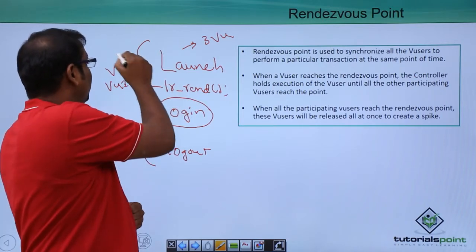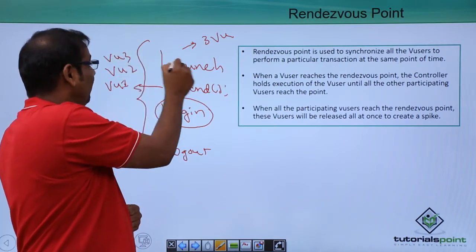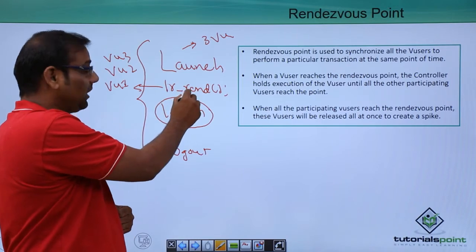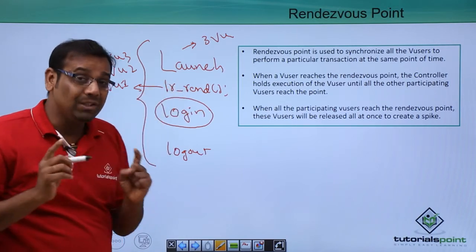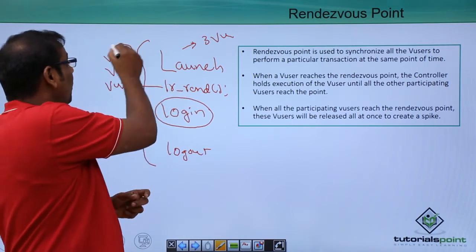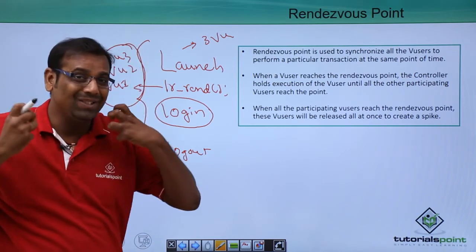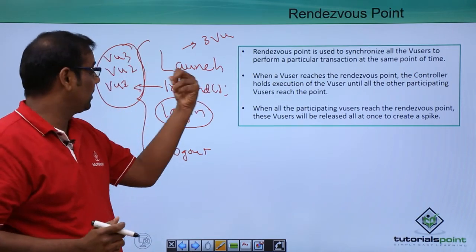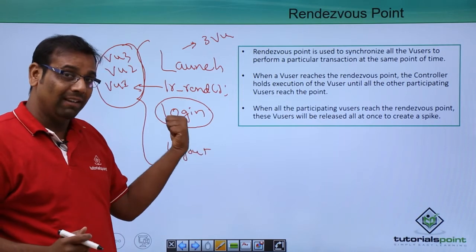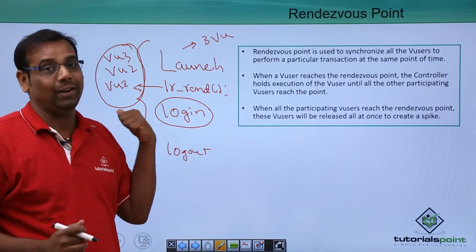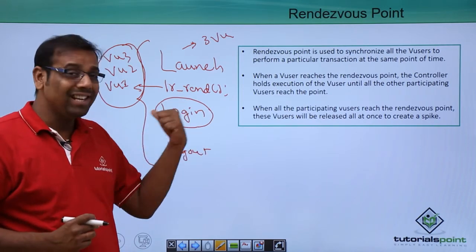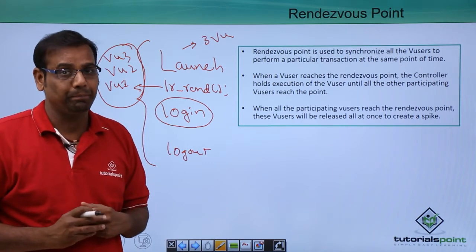Now the third virtual user executes the launch transaction and comes over here and waits. This is when the controller will release all these virtual users. As soon as it releases all 3 virtual users, they will execute the login transaction at once. So this is how a rendezvous point works.